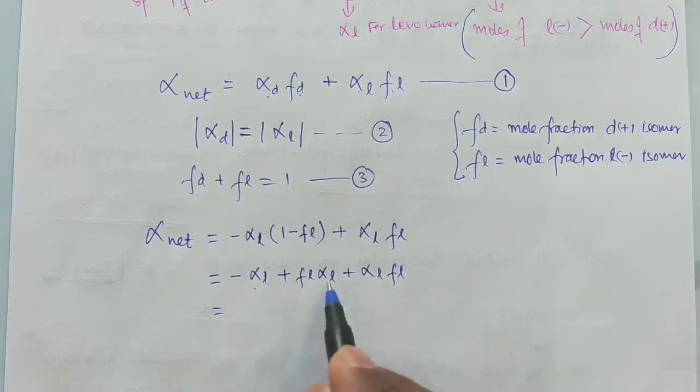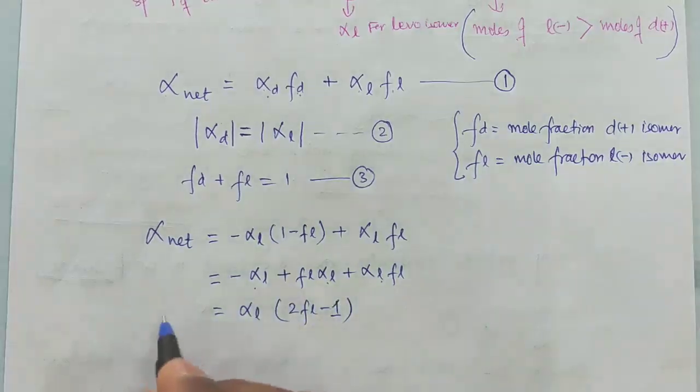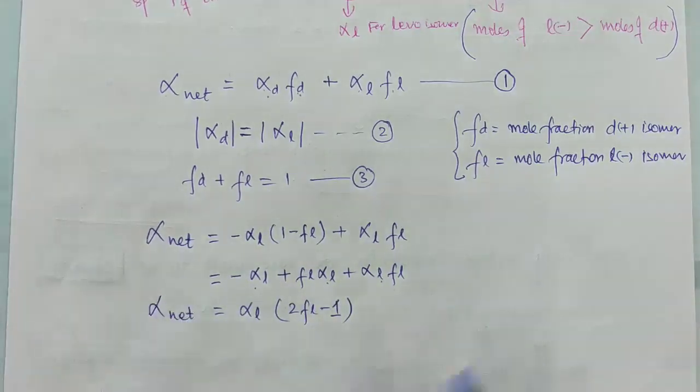Alpha L. So we take alpha L common and we get 2FL minus 1.